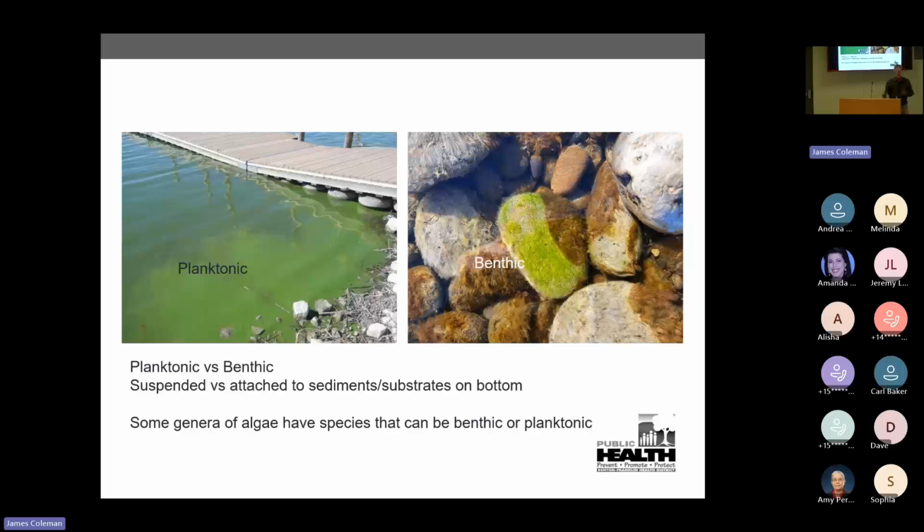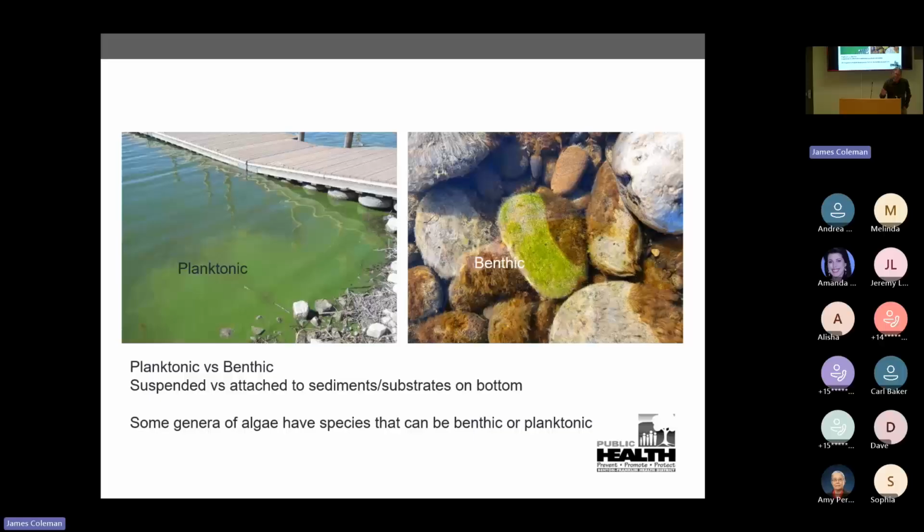Anyway, that form of growth where you see all this cloudiness, that's called a planktonic bloom. There are other algae that will grow on rocks and other substrates like logs and sticks that you'll find in the water. Those don't form this cloudy turbidness, if that's not quite a word, but you get what I mean.